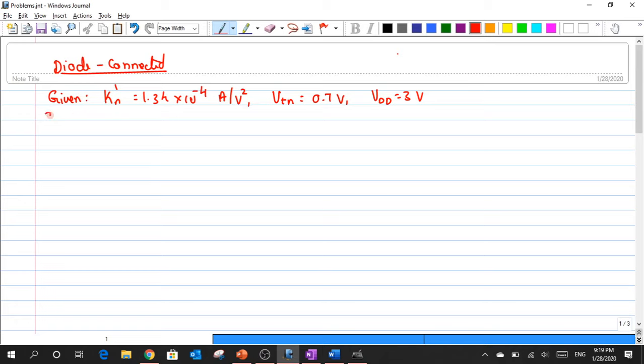Also assume W by L of 1 is 50 by 0.5 and W by L of 2 is 10 by 0.5, and lambda and gamma are considered to be equal to 0.